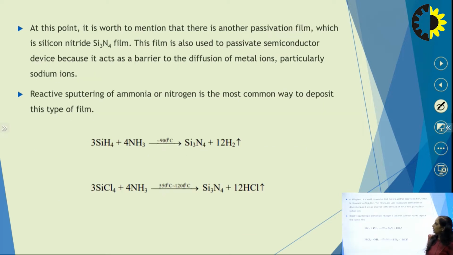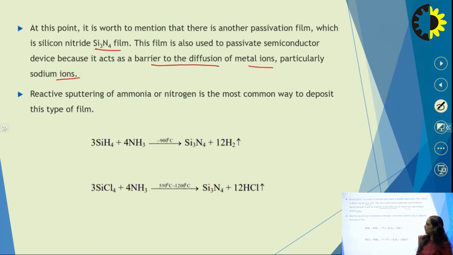At this point we must note that there is another passivation film on this silicon substrate, which is the silicon nitride, Si3N4 film. This film is also used to passivate the semiconductor device, because it acts as a barrier to the diffusion of metal ions, and is particularly used to protect the IC from sodium ions.